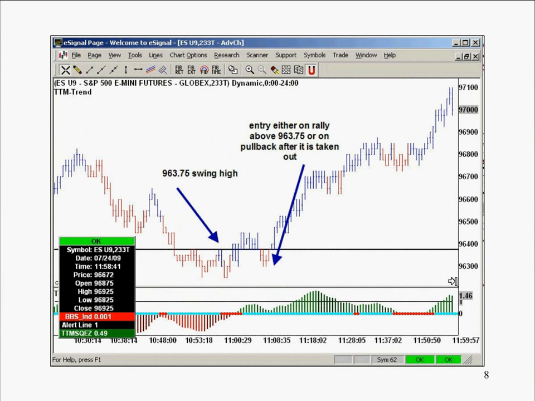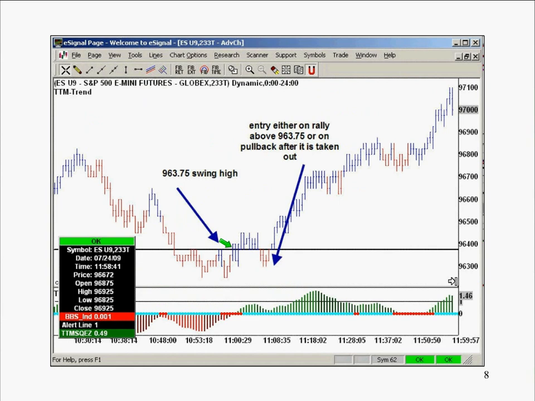Either taking out the prior swing high. So if this swing high was 963.75, once it ticked 964, you can enter on a stop if you want, but once it ticked 964 even, you're long, okay?